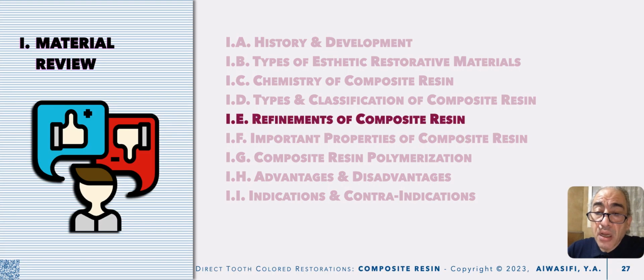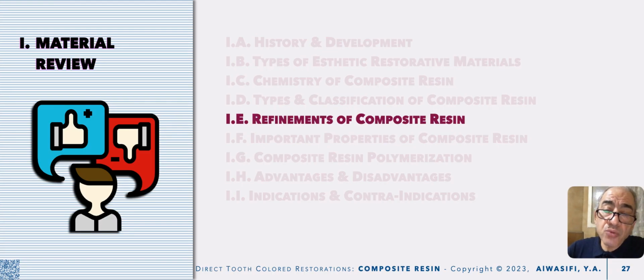Then comes a very important topic. As we remember, Raphael Bowen invented composite in the dental market in 1958, and up till now we are into 2023. Still there are modifications, still there is manufacturing of different brands, different types of composite.